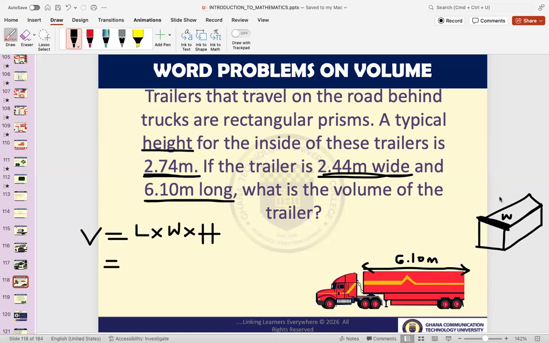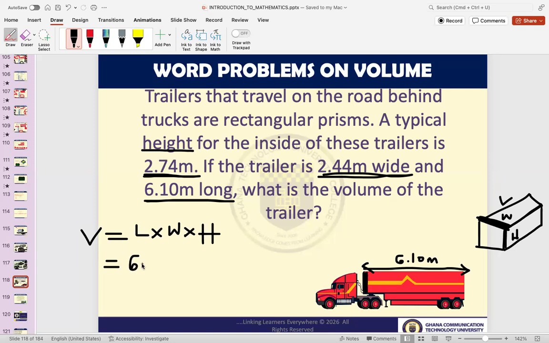This is the length. This is the height. So the width is 2.44 meters. And then the height, which we can see, is 2.74 meters. So let's put them there now.